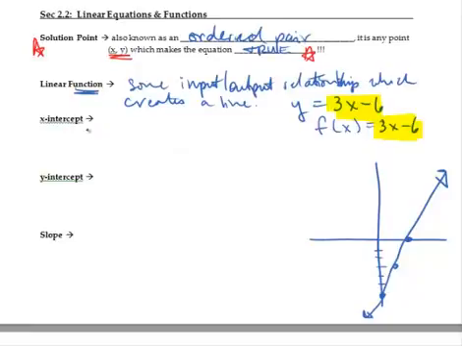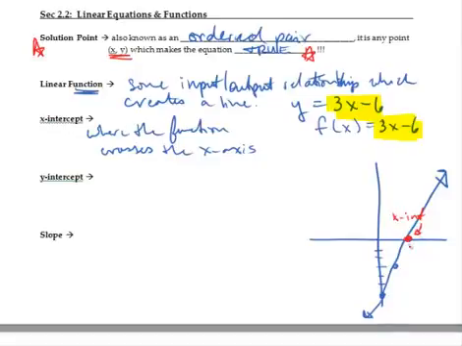An x-intercept is where the function or the equation crosses the x-axis. So for this one here, this would be the x-intercept right there.